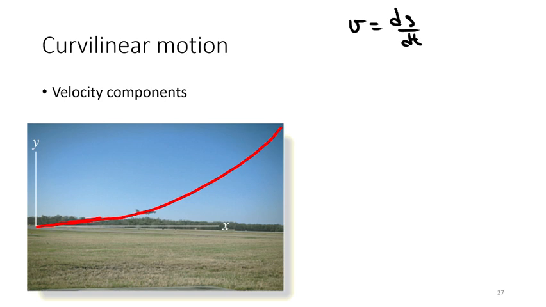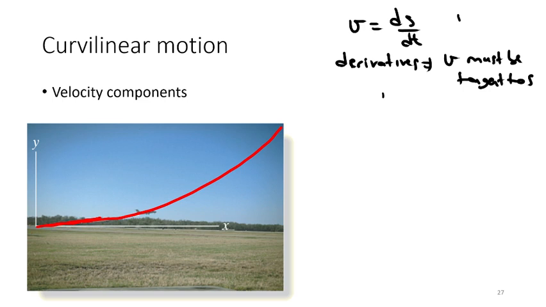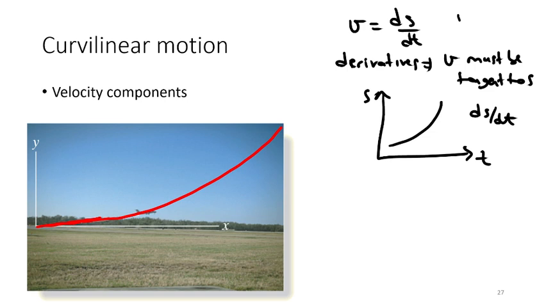And we know from derivatives that v must be tangent to s, because if you remember, if we have s versus t and I take ds by dt, it must be tangent.